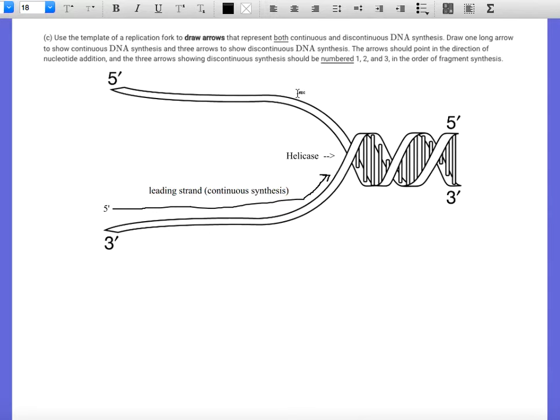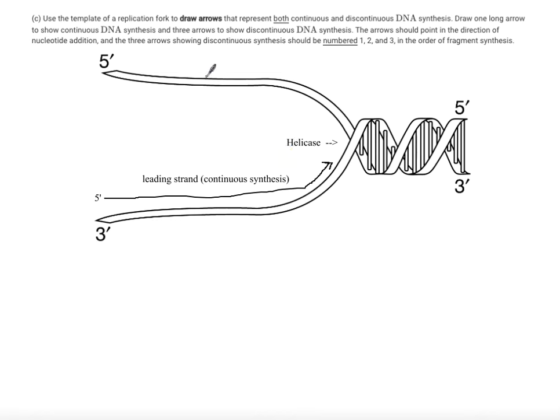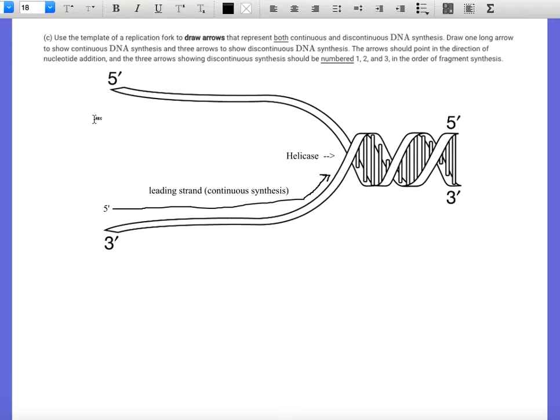Easy, right? Now, the other one is a little bit more problematic because it still has the same limitations as this, in that it can only go from the 5' to the 3' direction.